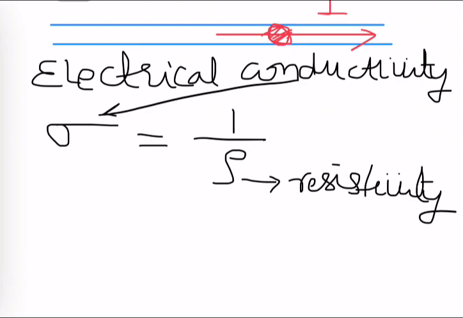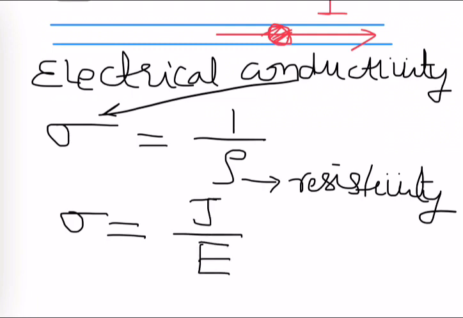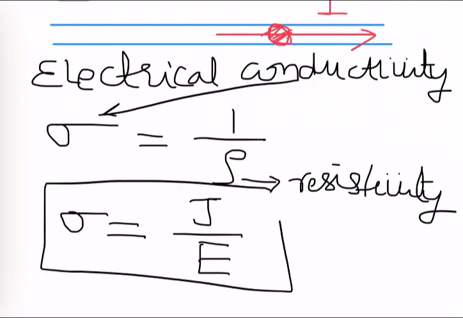How do we measure it? We are going to derive and show that. It is measured by the ratio of current density to electric field. The equation for electrical conductivity is current density divided by electric field.